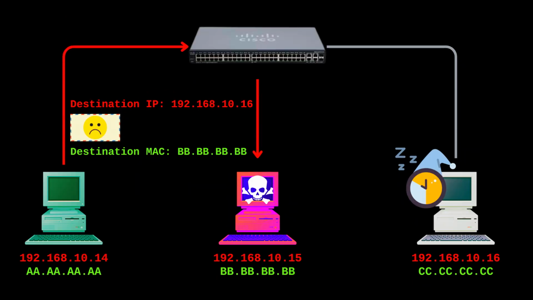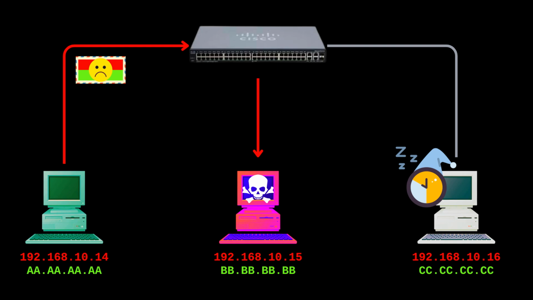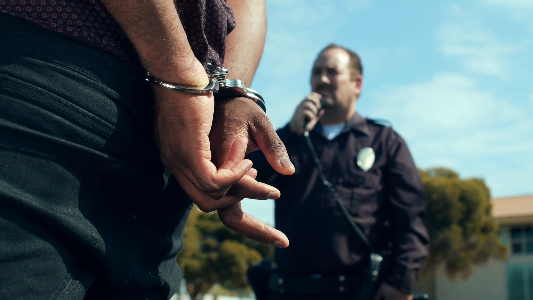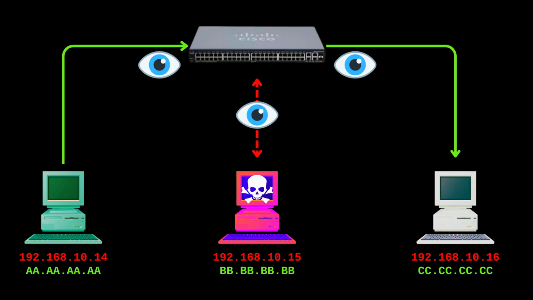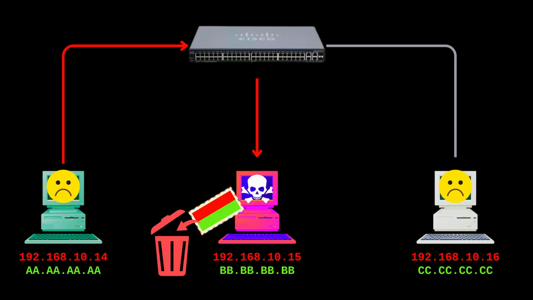Once the victim receives this frame, it will use the attacker's MAC address for any frame it wants to send to a legitimate device. So instead of going to the intended destination, the frame will now go to the attacker's device. This allows the attacker to do all sorts of malicious activities such as sniffing traffic and denial of service.